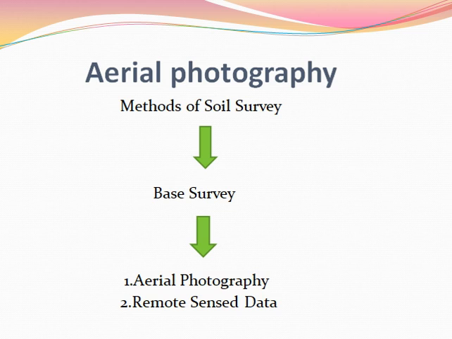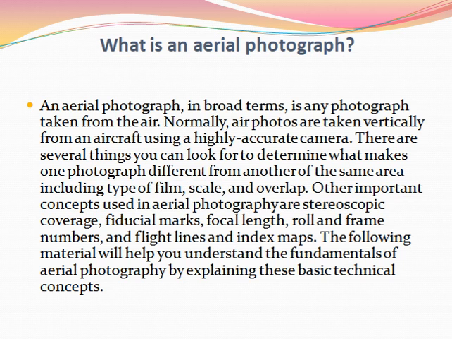Then topographical maps having a scale of 1 is to 25,000 to 1 is to 2,50,000 per kilometer. Then aerial photographs having a scale of 1 is to 10,000 to 1 is to 50,000. It is an aerial photograph to study the earth's surface.